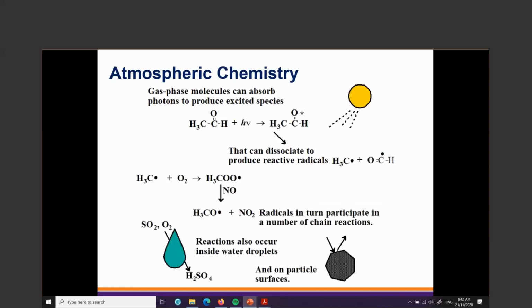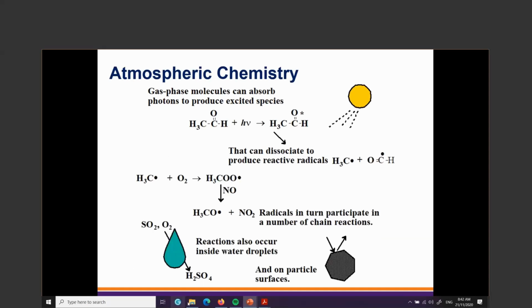Okay. In the atmosphere, we have so many chemical reactions that can occur. These are some examples of atmospheric reactions. We can have photochemical reaction of hydrocarbons producing radicals that in the end can cause photochemical smog.